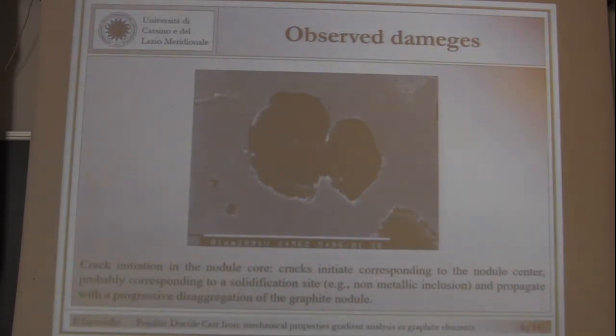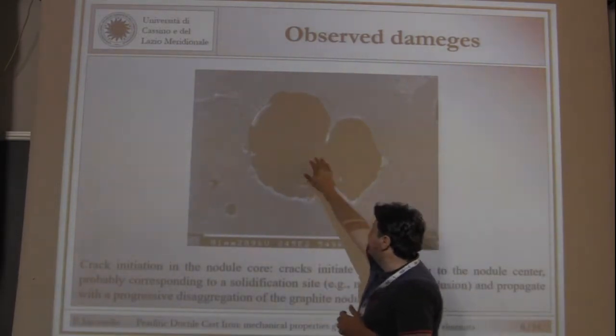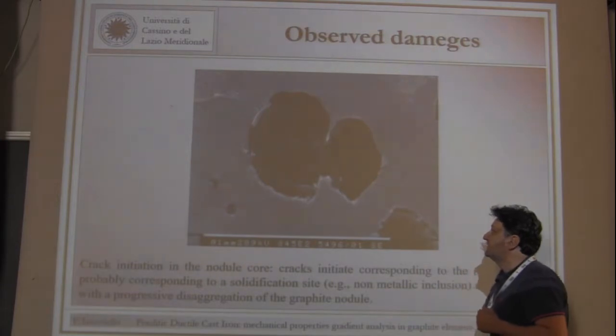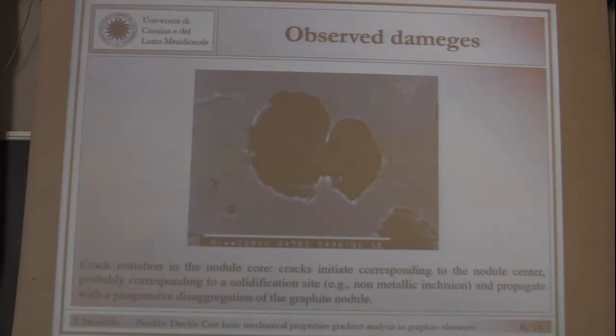Another kind of damage is this. We have a collapse of nodules, and this crack starts from the center of the nodules and propagates through the nodules, giving a separation of these nodules. We think this starts from the center because it's a critical point, because it's the nucleation of the nodules, for example, corresponding to a presence of metallic inclusion and so on.